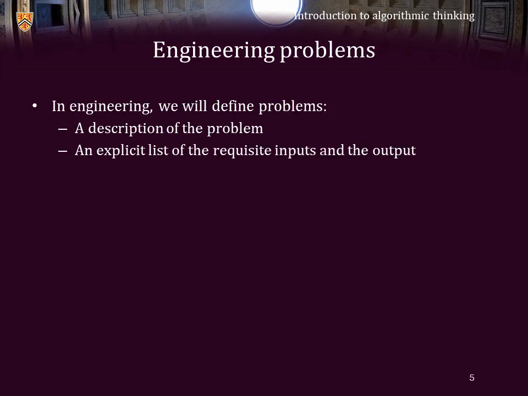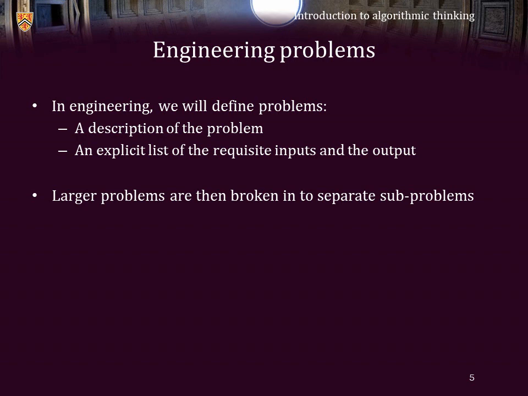In engineering, we will define an engineering problem. That is a complete description of the problem, including requirements and constraints, and an explicit list of requisite inputs and the desired output. Now, larger problems generally are then broken into separate subproblems.